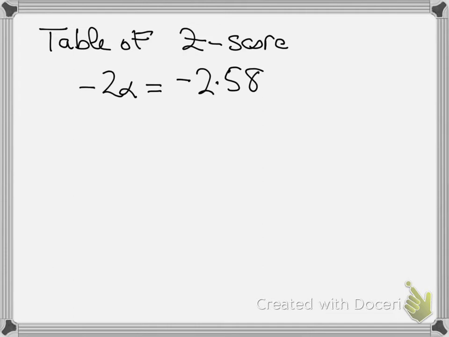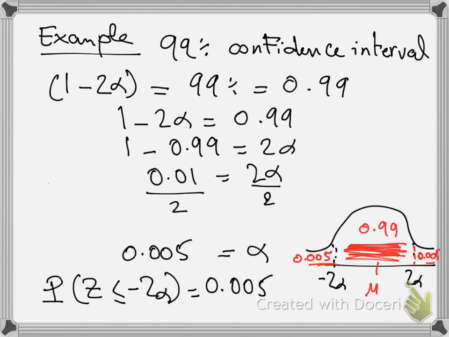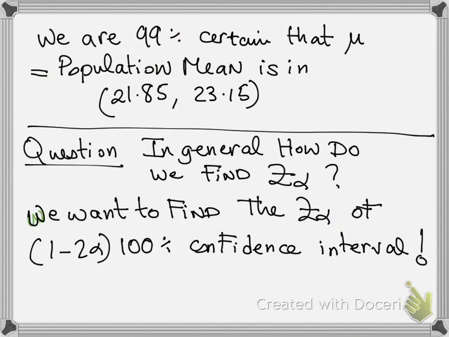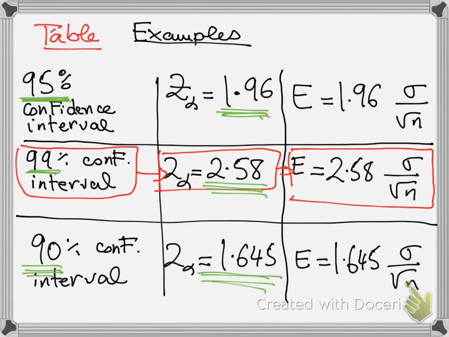It's actually between negative 2.58 and negative 2.57, I think, but you take, of course, the most conservative value, so it's going to be negative 2.58. So then Z alpha, of course, would be 2.58. Okay, so that's why when you have a 99% confidence interval, this Z alpha is 2.58.